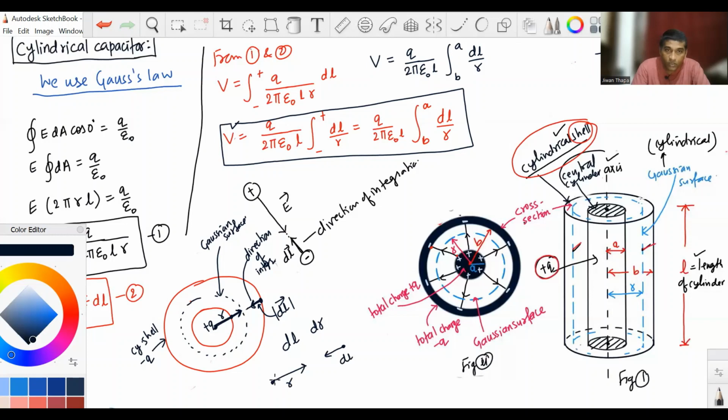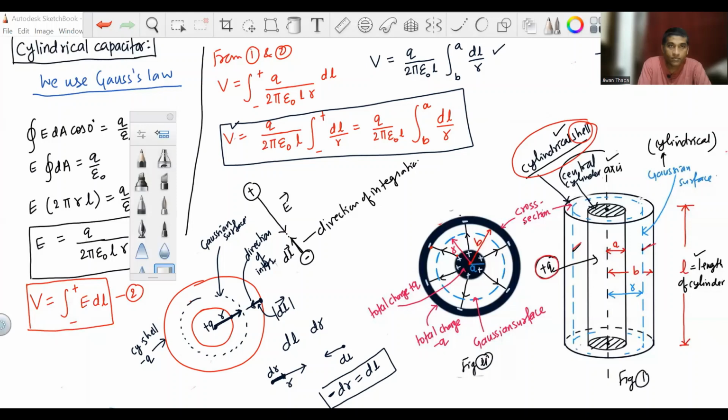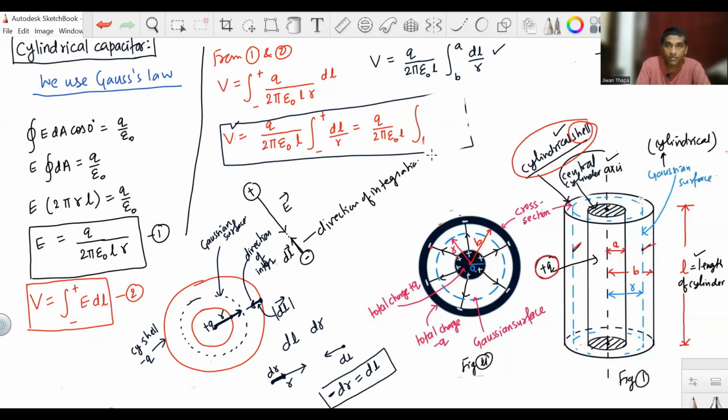So let us take a small element dr which is equal in magnitude to dl but in the opposite direction. We take this in order to simplify this expression. This is to be noted, okay? Let me erase this.